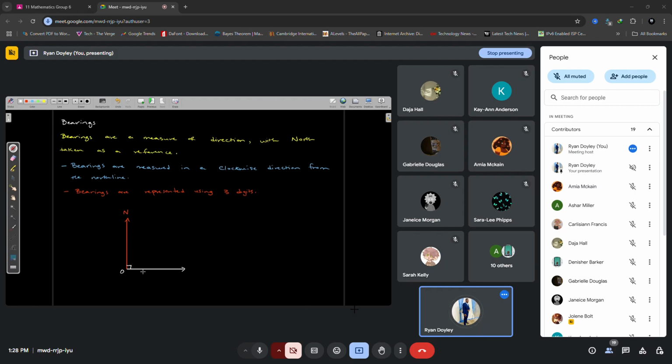This is O. So if I were to ask you a question, what is the bearing from the north line to this horizontal line? What would you tell me? What's the bearing?